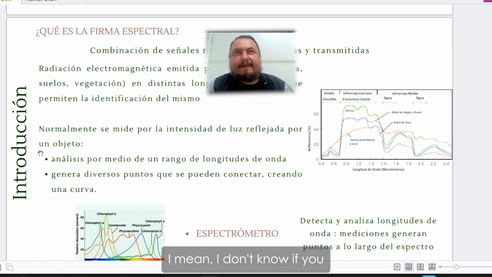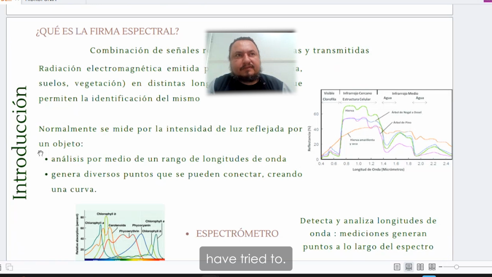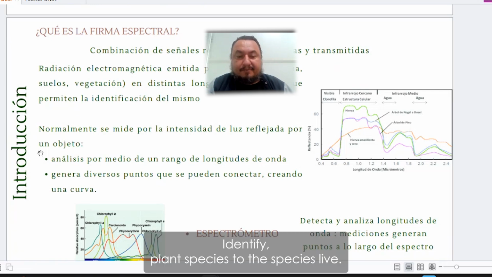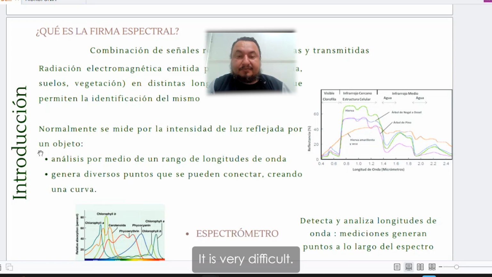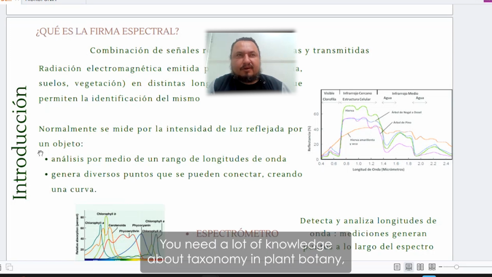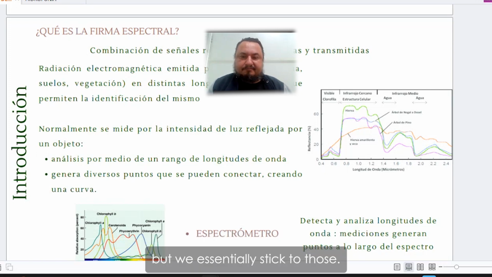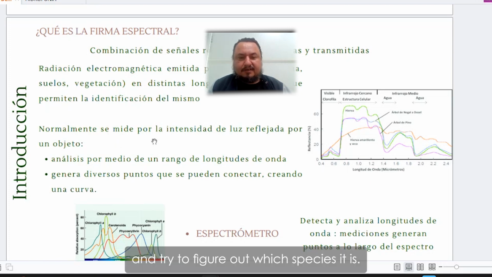I mean, I don't know if you have tried to identify a plant species to the species level. It's very difficult. You need a lot of knowledge about taxonomy, plant botany, but with sensors like the Q2, we can do a faster measure and try to figure out which species it is.